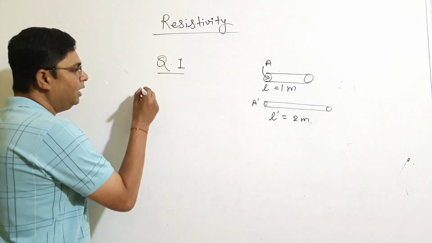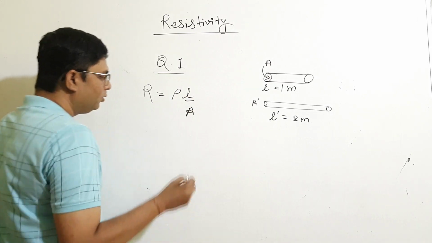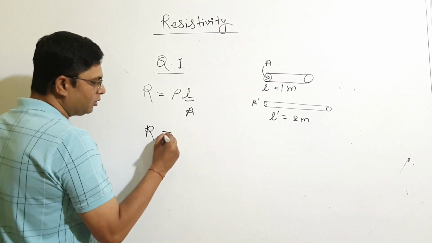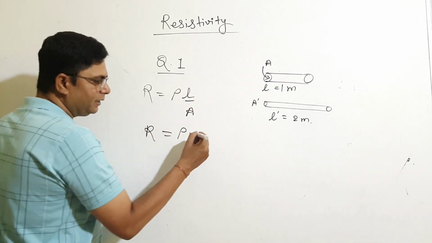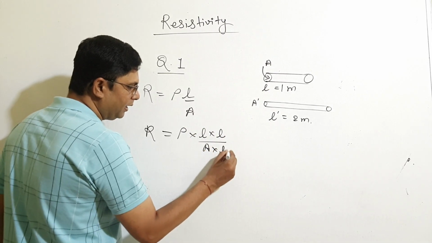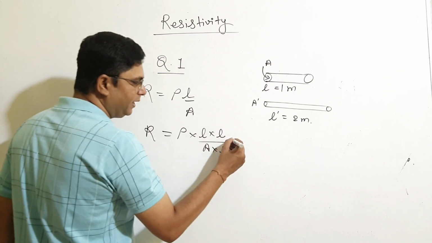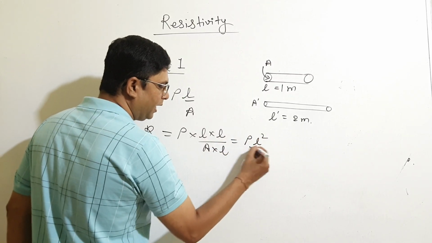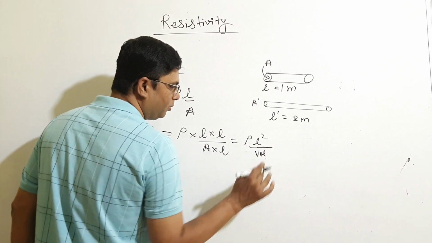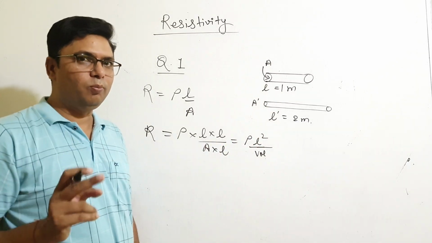We know the formula, resistance R equals rho L upon A. So R equals rho L into L upon A into L. We multiply numerator and denominator by L. So we get rho L square upon volume. Now resistance equals rho L square by volume.